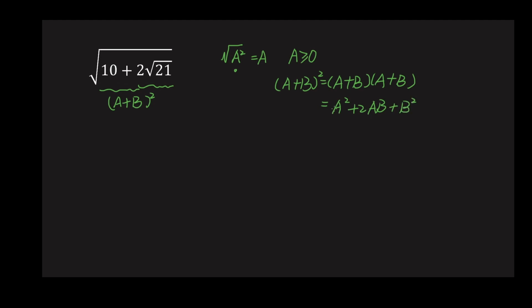Let's compare this part and this part. It's easy to know that after something is squared, it will no longer contain a third term. That means 10 corresponds to a squared plus b squared, and 2 square root 21 corresponds to 2ab. That is, square root 21 corresponds to a times b.